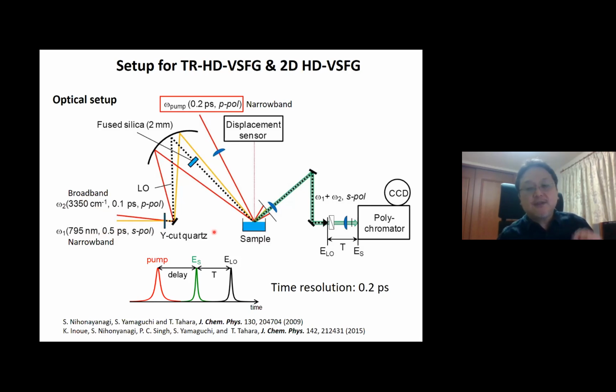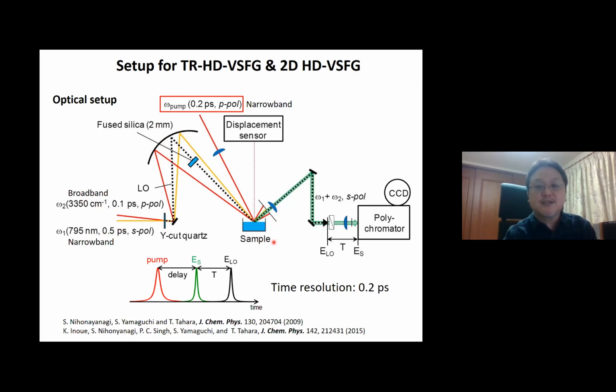First we introduce these two pulses to the quartz to generate the local oscillator, and the omega-1 and omega-2 and local oscillator are focused on the sample where the signal is generated.